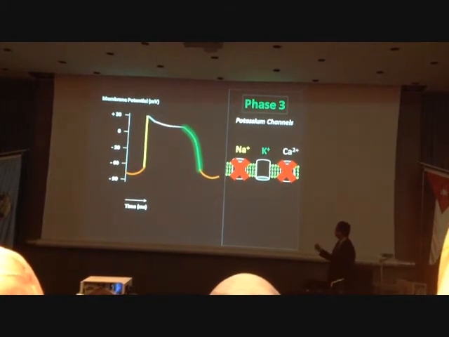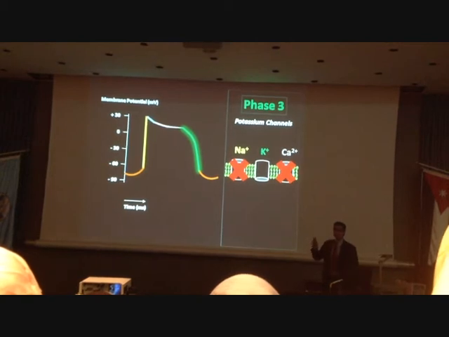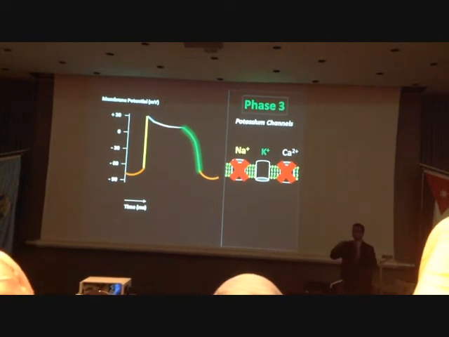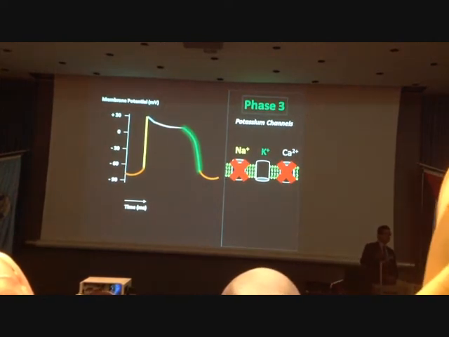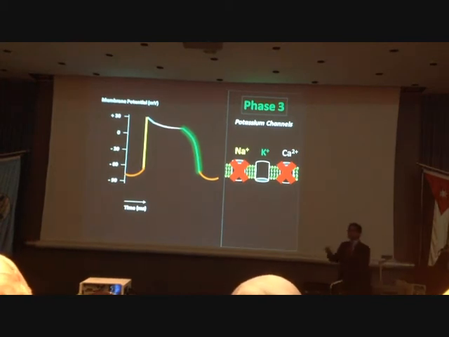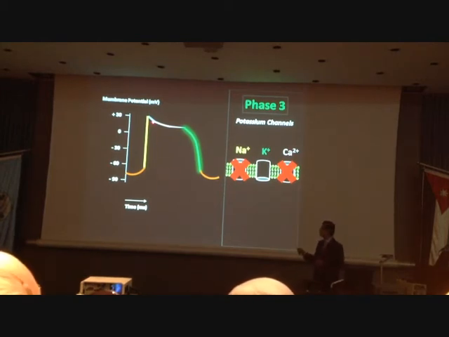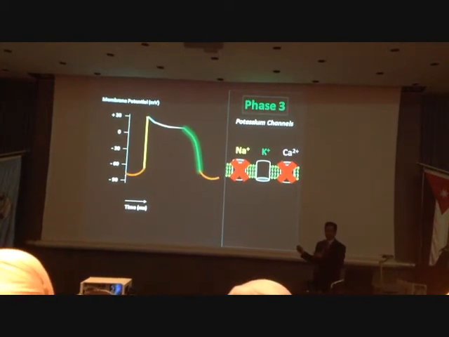Now, as you can see here, these calcium channels got inactivated once we reached a certain potential, and these potassium channels are still open, which allows more efflux of potassium. I'm showing this for simplicity as if it's the same potassium channel, but in fact that's not the case, because what happens here is governed by different kinds of potassium channels from what happens here.